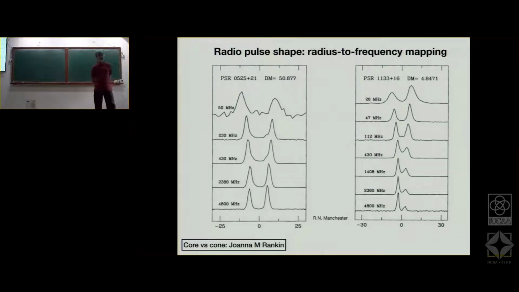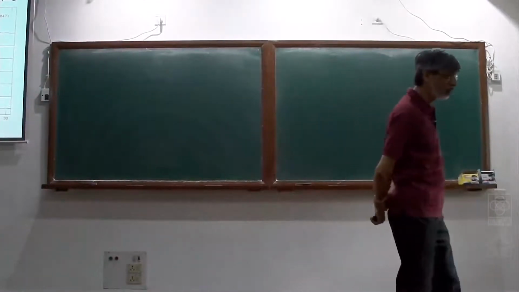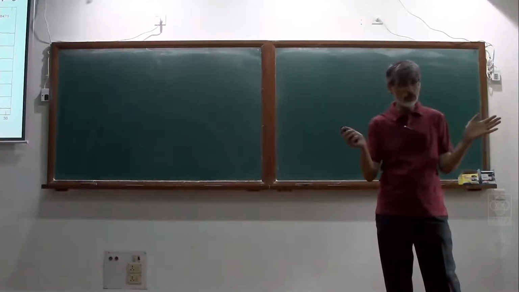The interpretation that was given of it was that the core components arise in low gamma particles. And in low gamma particles, you have a larger cone width.